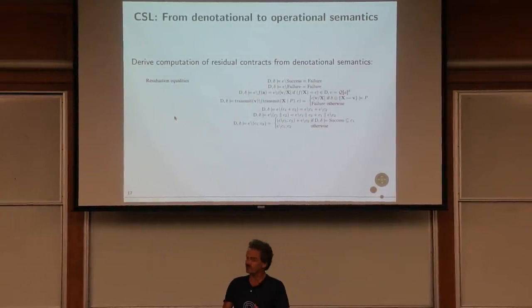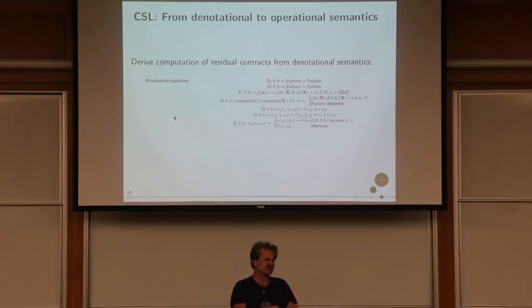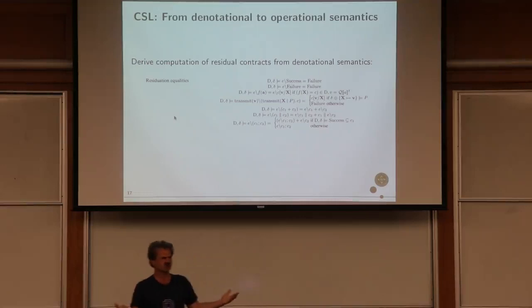The way we did it, it was very useful to have a denotational semantics, because we were, to be honest, kind of hacking around with operational semantics. These are useful patterns of contracts. Let's come up with this rule. It could also be this rule, and maybe we should favor the left one. It never felt right, until we had to step back and ask, what is the domain of contracts actually?